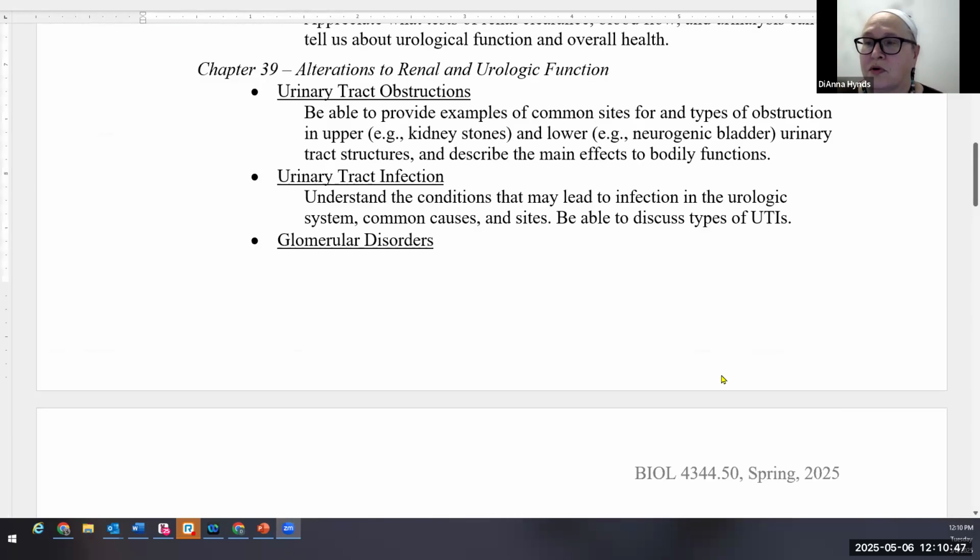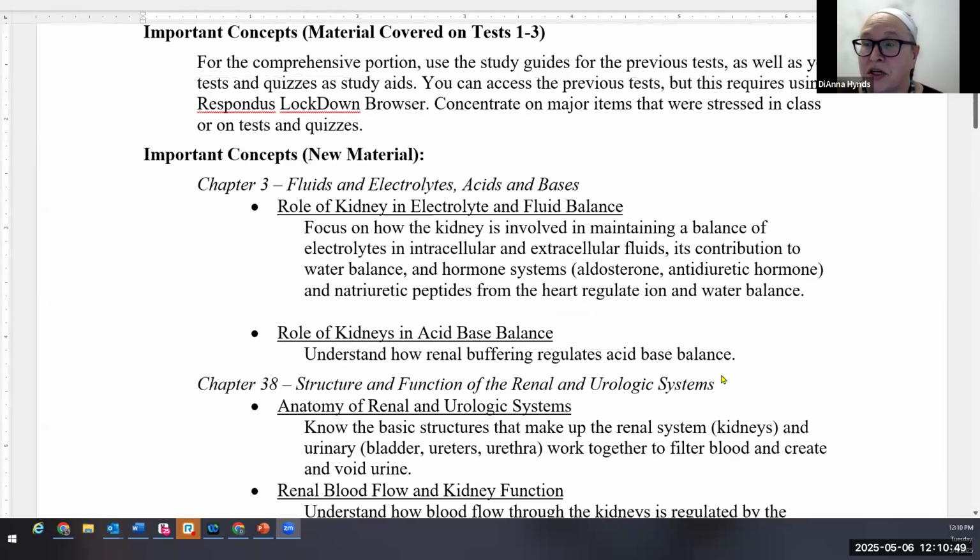I'm going to walk through the information here, because we did cover 3 chapters in the videos that were posted, and I realize they're not me, they were posted from YouTube. The 3 chapters that fed into that information were, first, chapter 3. In chapter 3, we're looking at fluids and electrolytes, including acid-base biology.